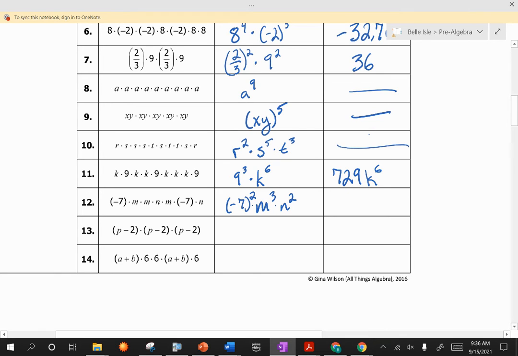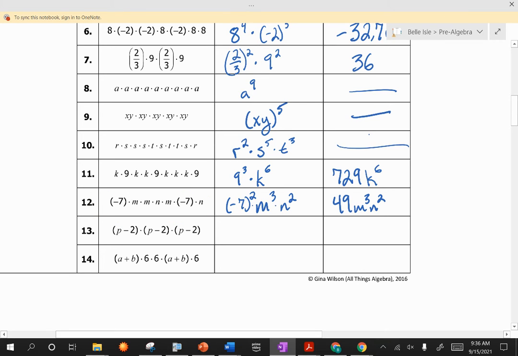What's negative 7 squared? 49 m to the third n squared. So we had negative 7 2 times over here, so we did negative 7 squared. That's negative 7 times negative 7.